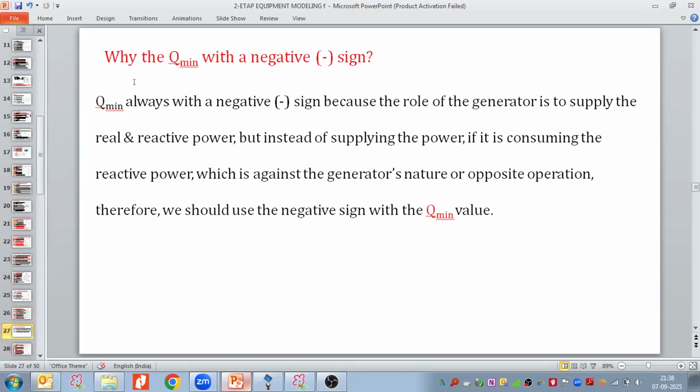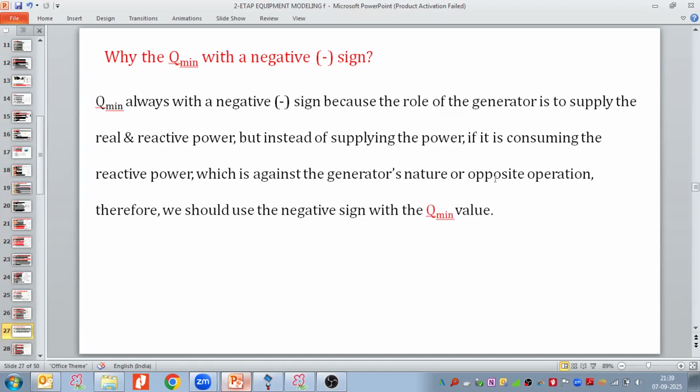The reason is that the role of the generator is to supply real and reactive power to the grid, to the load, to the network. But instead of supplying, if the generator is consuming the reactive power, that is against the generator's nature, the opposite operation of the generator.